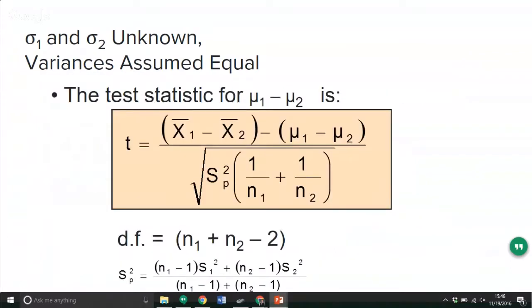The test statistic is essentially, because we're comparing groups, I had mentioned to look for the estimate minus the hypothesized amounts, right? What we're essentially doing is taking the difference between group 1 and group 2, and then subtracting a hypothesized population mean for group 1 and a hypothesized population mean for group 2.